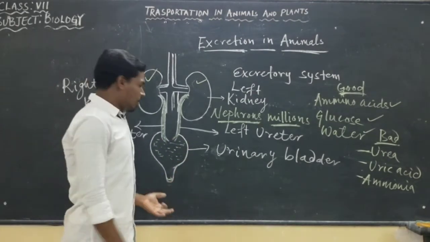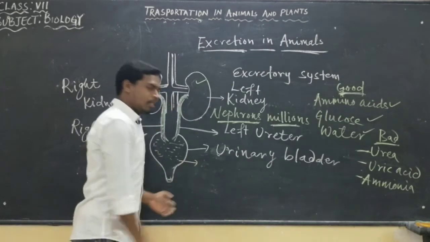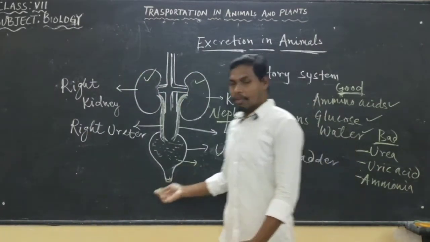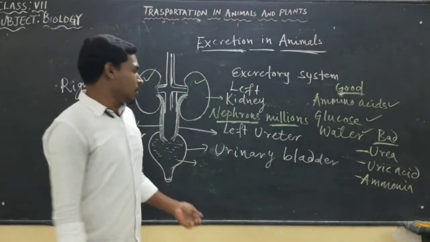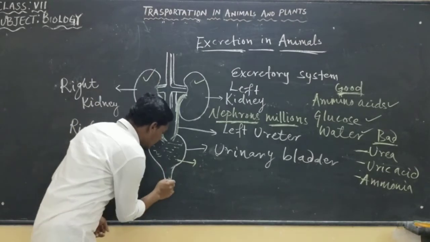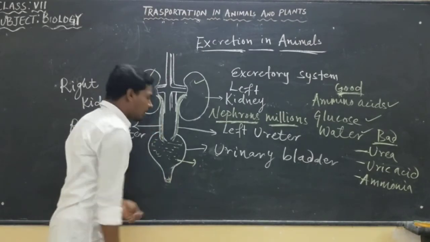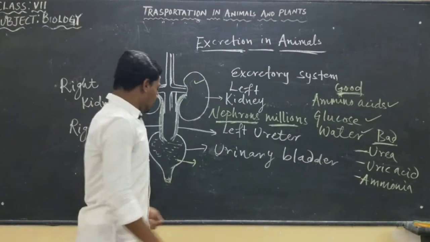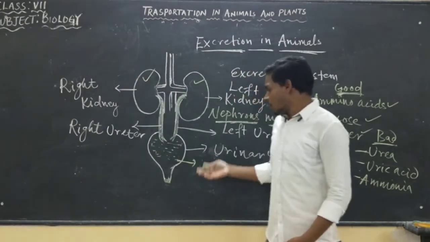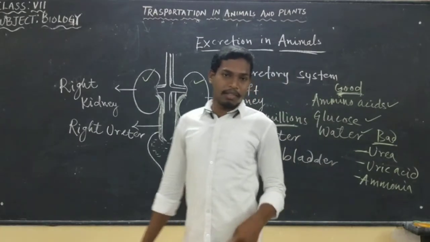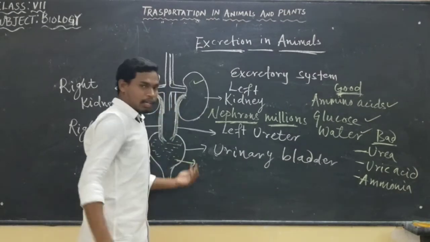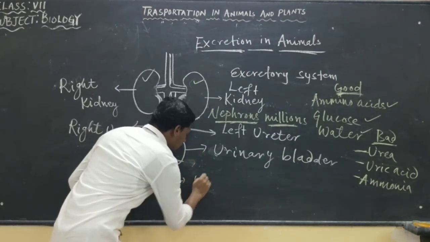When the urinary bladder is full of urine, we feel an urge to excrete the urine. This is guarded by the urethra. The urethra opens and closes. When we feel like urinating, the urethra opens and urine is excreted out.